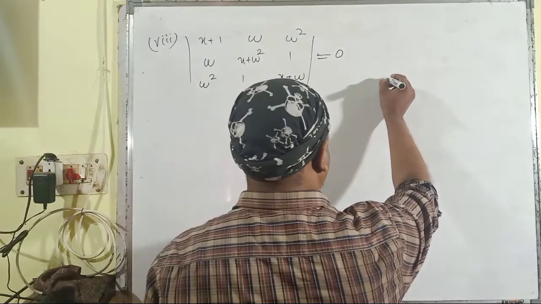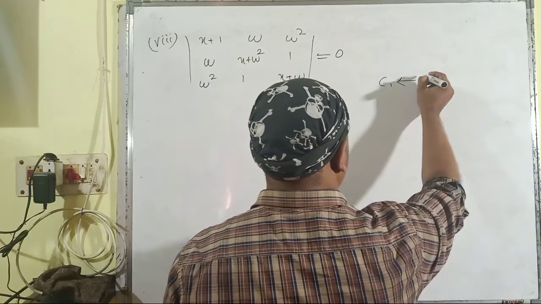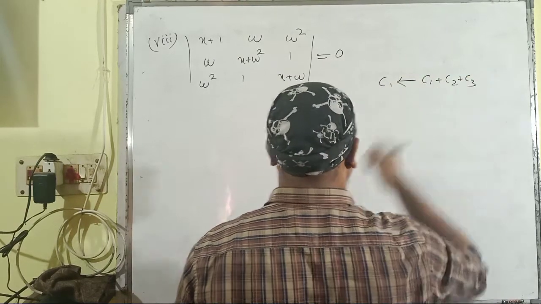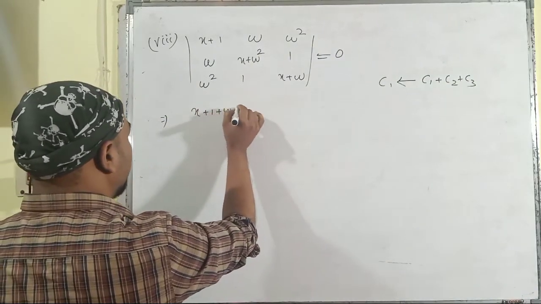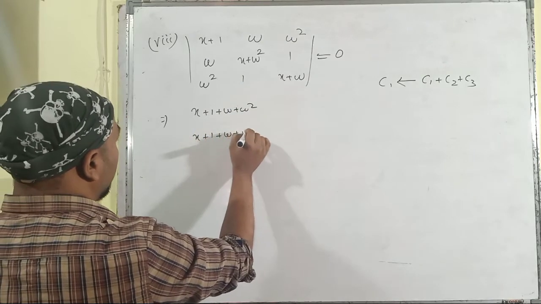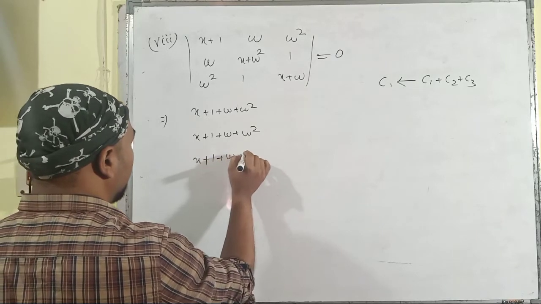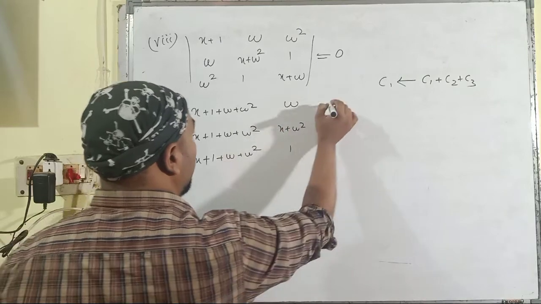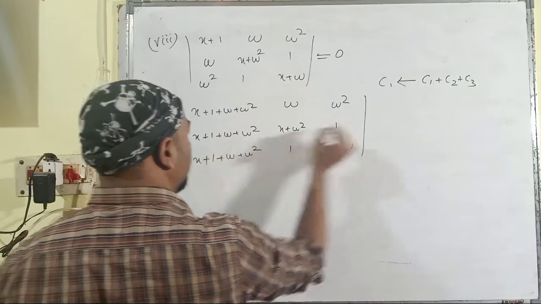So let us apply C1 converting to C1 plus C2 plus C3. Here we are getting x + 1 + omega², and here also x + 1 + omega², and in the third element x + 1 + omega², omega, x + omega², 1, omega², 1, x + omega, and this value is equal to 0.